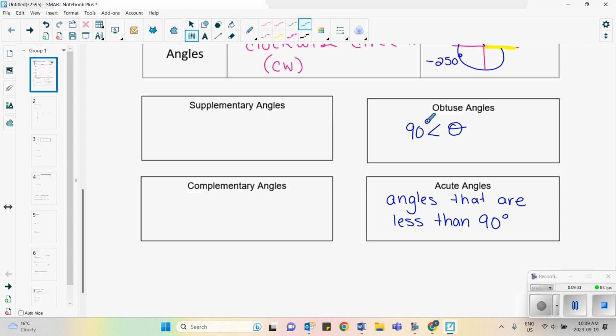A right angle. So it's special. So obtuse angles, theta is greater than 90, but less than 180. What quadrants are you in? For an obtuse angle, where are you? Quadrant 2.